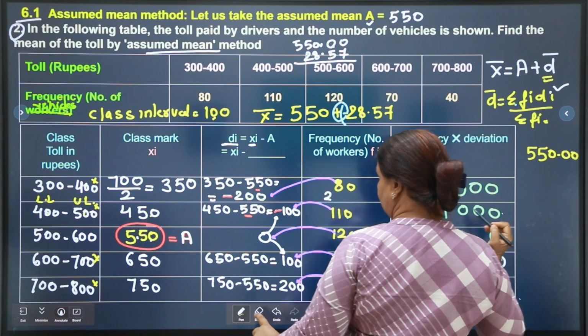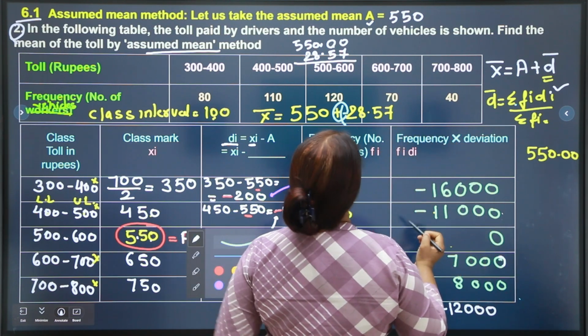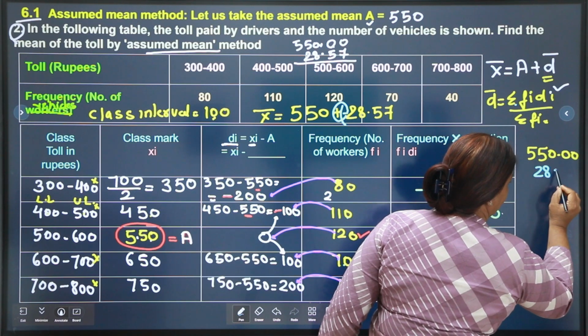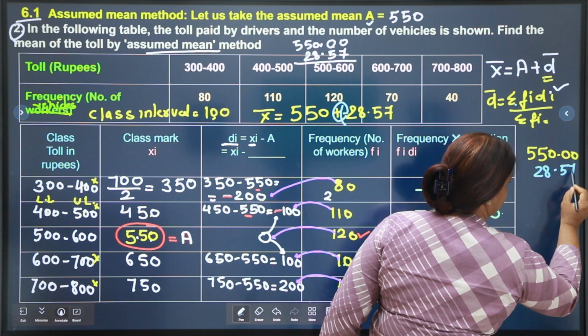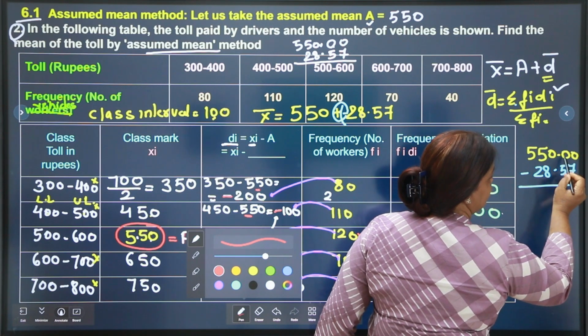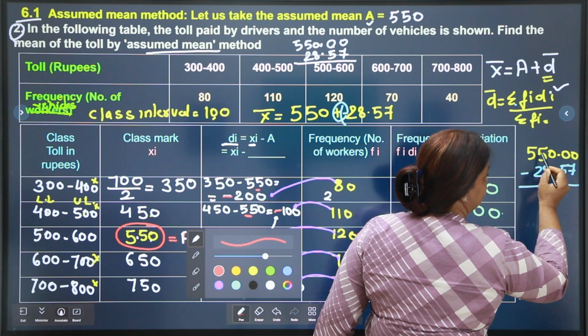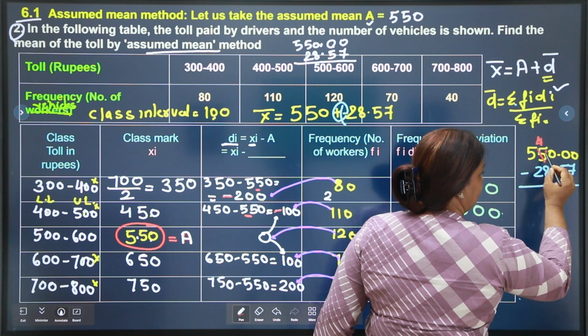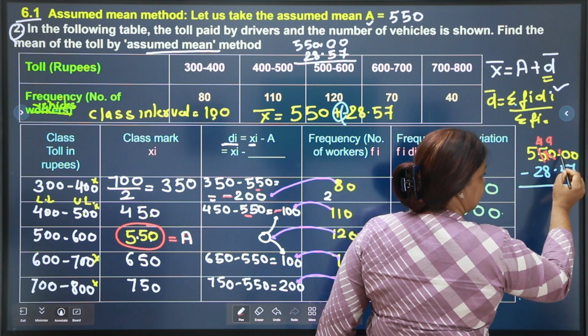550.00. We need to subtract 28.57. Okay, minus. This is 0, so we go here. Nothing is there, we go here. Nothing is there, we take from here 1. Remaining is 4 and this becomes 10. Remaining is 9, this becomes 10.